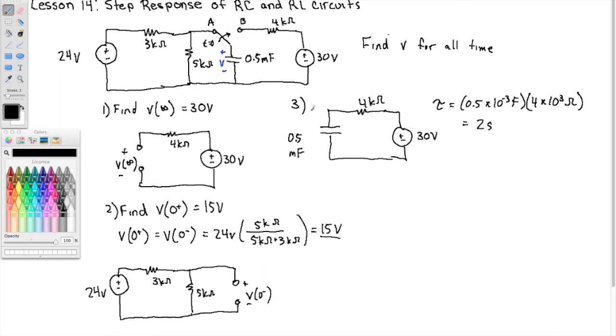All right, so the voltage for time greater than 0 is V of t equals.